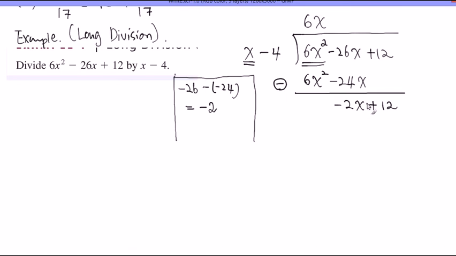Right, it's x to the first, degree 1, right? And what is the degree of the divisor? 1, right? It's still not lower. And then you go one more time, until the degree of the remainder is strictly smaller than the degree of the divisor. Then you stop. All right? So you have one more to go, right?